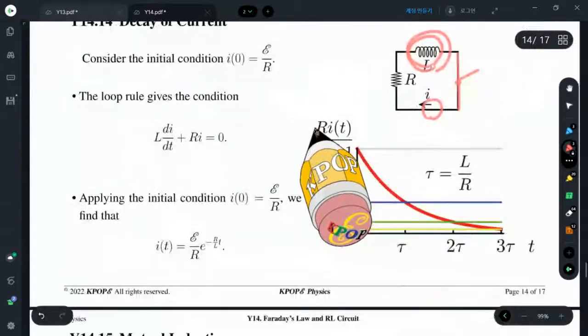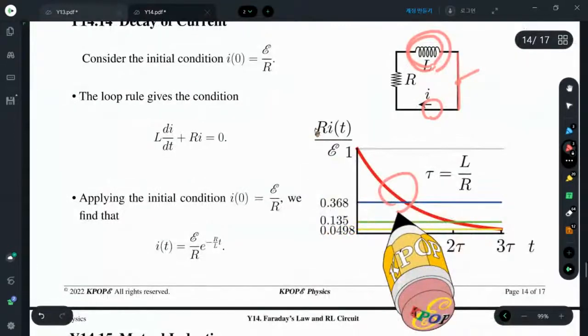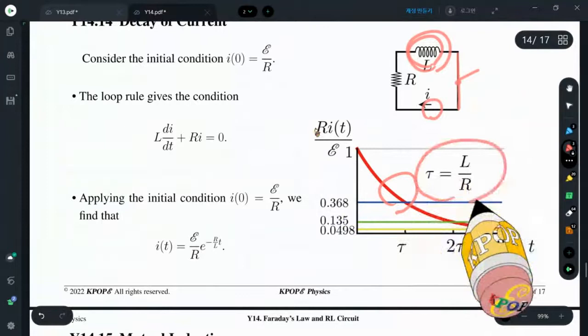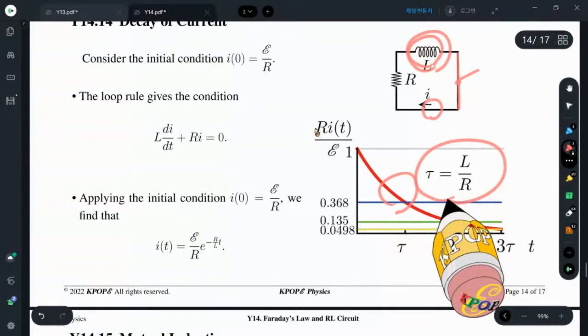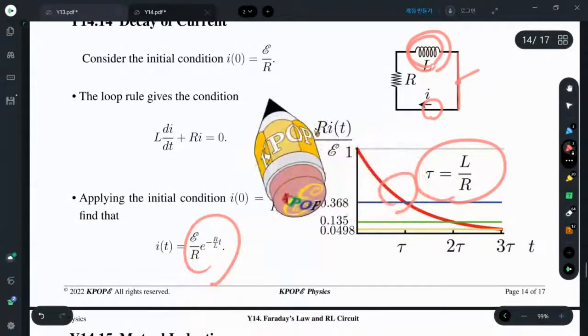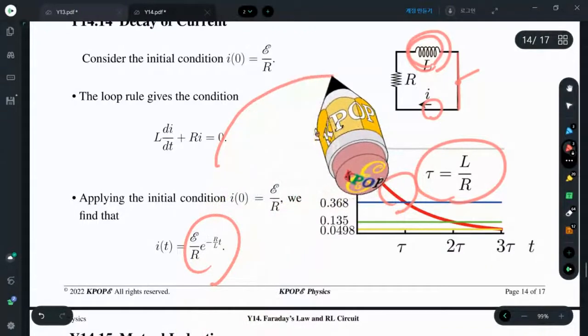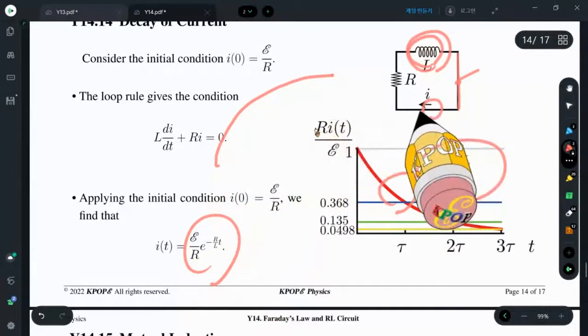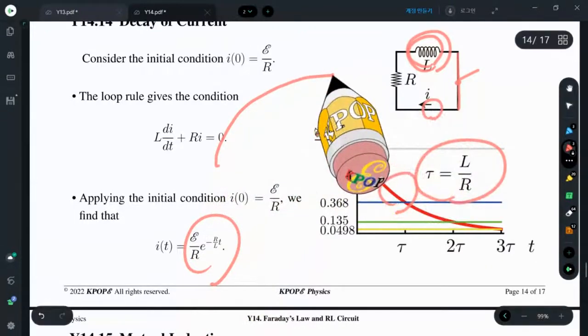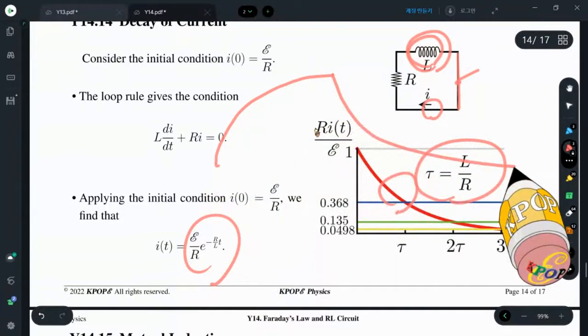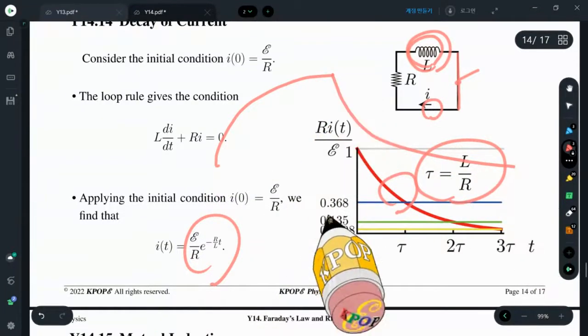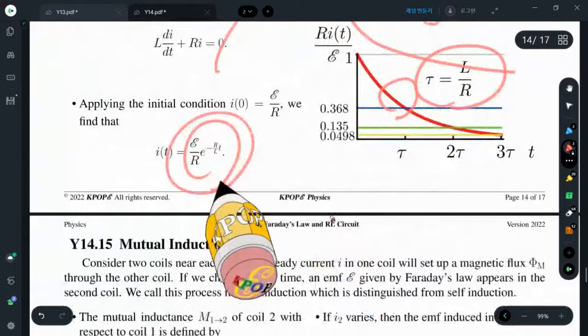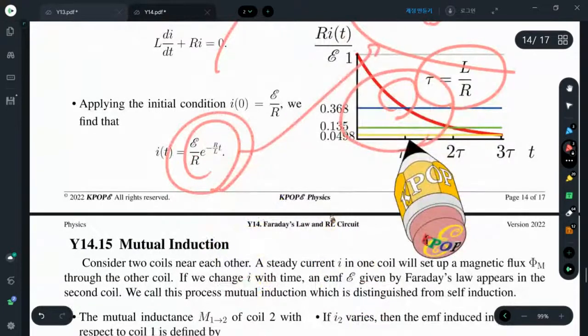It decays slowly, depending on the time constant. So in this case, rising is slow, but if you suddenly remove the battery, it decays like that. This plot is showing this.